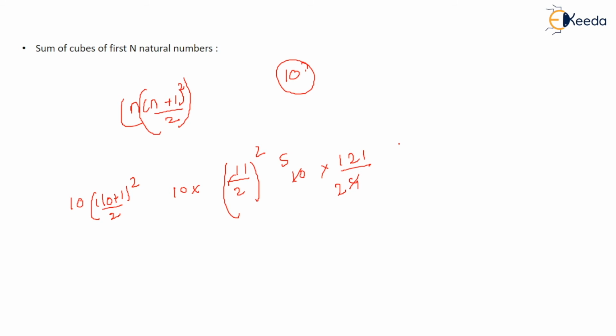You get 5 into 121, that comes out to be 605. Okay, you might have come across this type of question, sum of first n natural numbers. So there is a direct formula for it, that is n into n plus 1 upon 2. This is the direct formula that you can apply in order to find the sum of first n natural numbers.